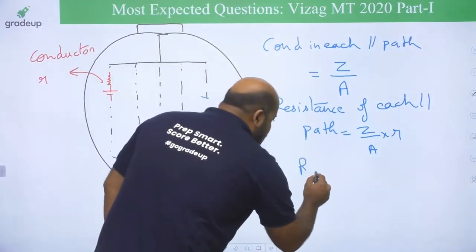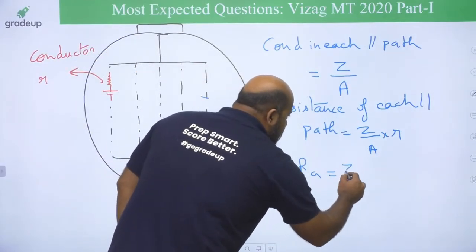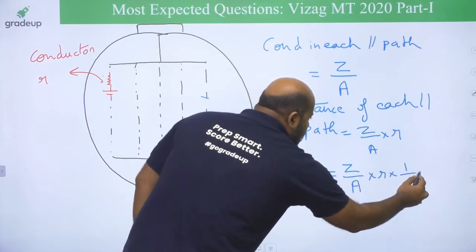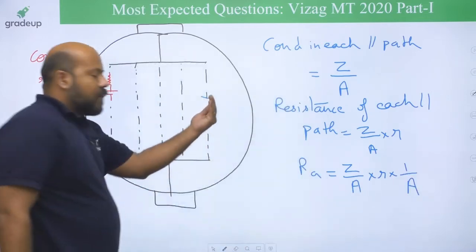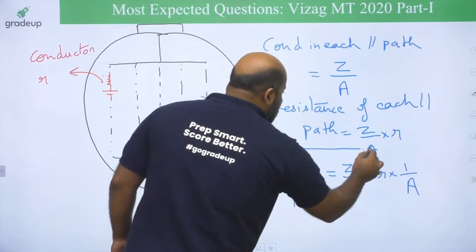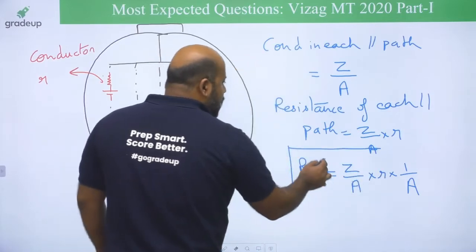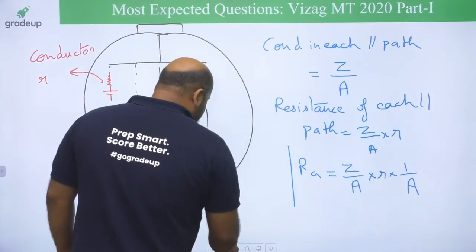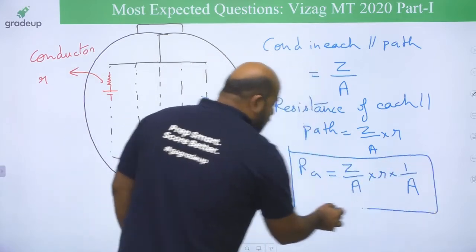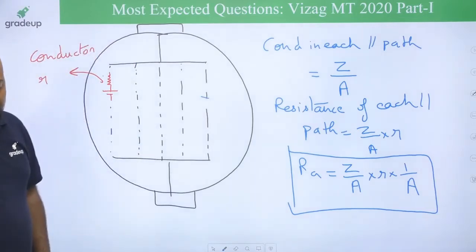So total effective armature resistance is going to be Z upon A into r into 1 upon A, because all these paths are going to be connected in parallel. So this is the effective formula you are going to use to relate the armature resistance of the lap wound and the wave wound machine. Everybody is getting that? Tell me yes or no.